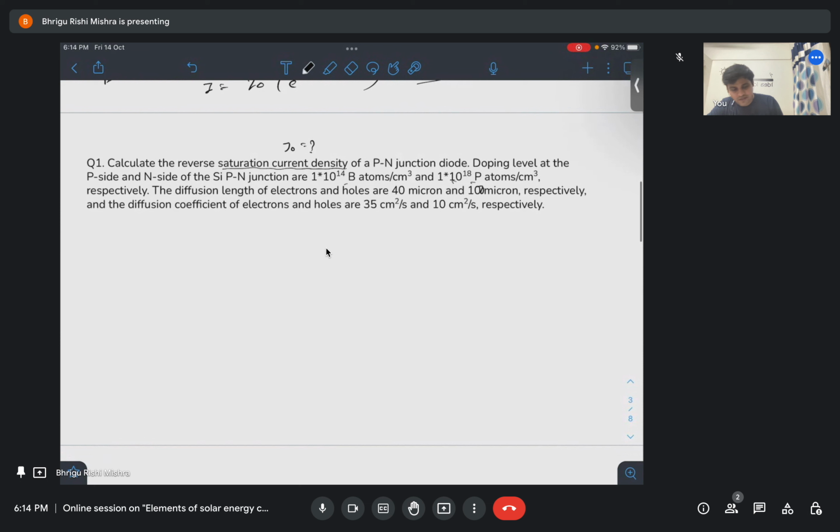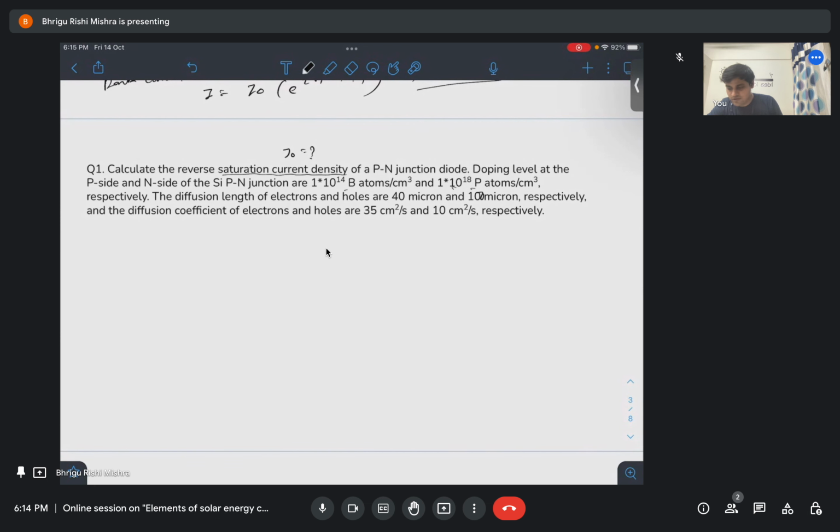Okay, so we can calculate. The formula is the reverse saturation current J naught equals Q, which is the charge of an electron, times (Dn by Ln, Np naught plus Dp by Lp, Pn naught).